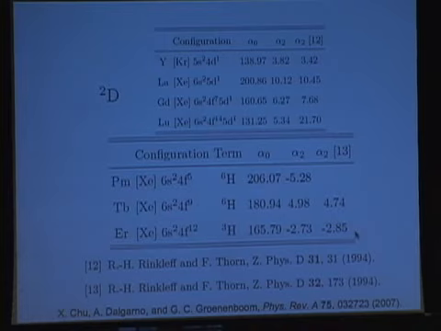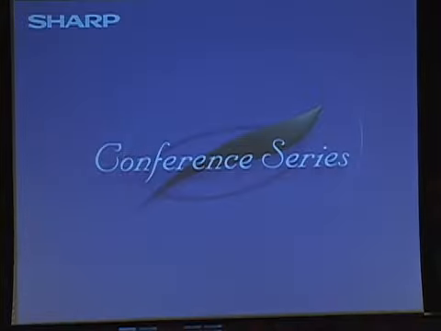So if that's the effect, it's an effect that's not reproduced by our theoretical calculation. And then for those H state atoms, the agreement between the experiment and our calculations is very good again.